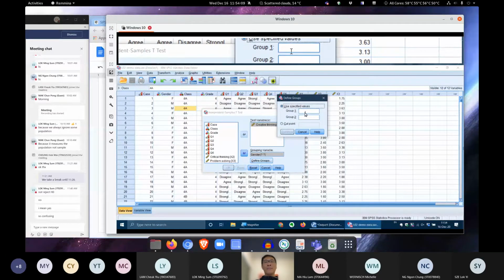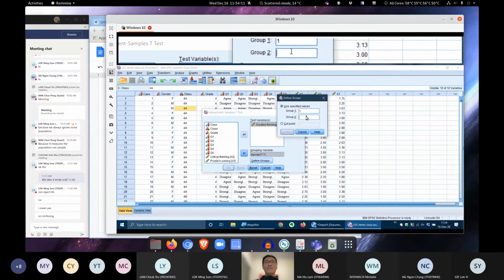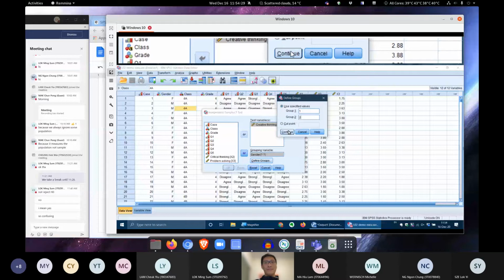So I put the two numbers here, 1 and 2, so that SPSS knows how to compare between the two groups. Of course, if you are using other numbers, like if you are using 3 or 4, then you put 3 or 4 here. Then I click Continue.